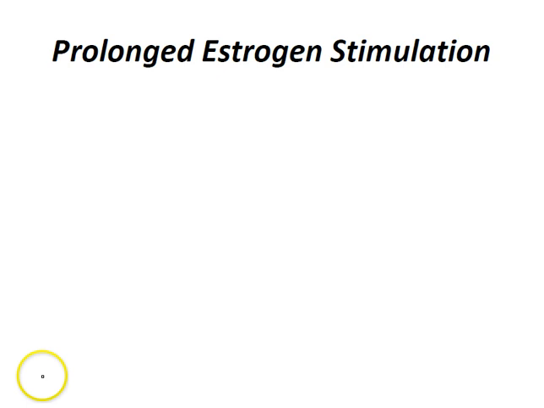Let's talk about prolonged estrogen stimulation. Prolonged estrogen stimulation, an increased level of total unopposed estrogen, increases the risk for breast and endometrial cancer. Recall that estrogen governs the follicular phase of the menstrual cycle where endometrial proliferation occurs.